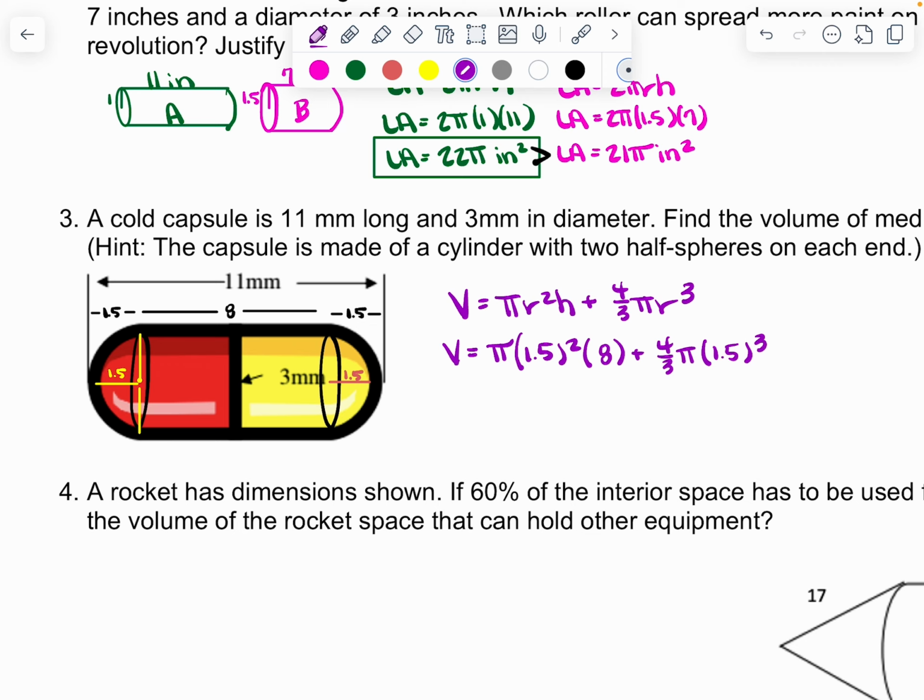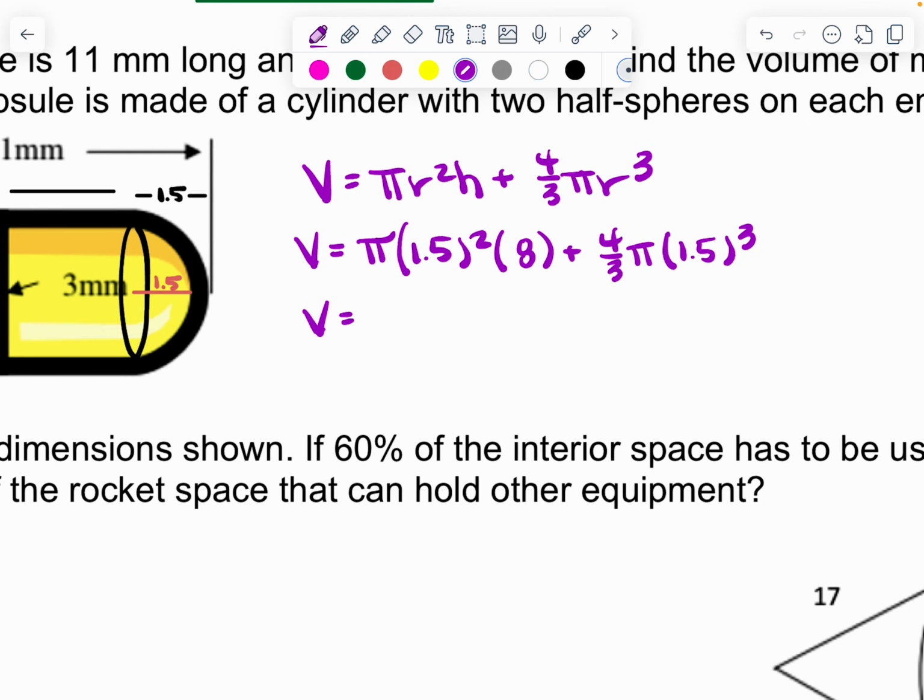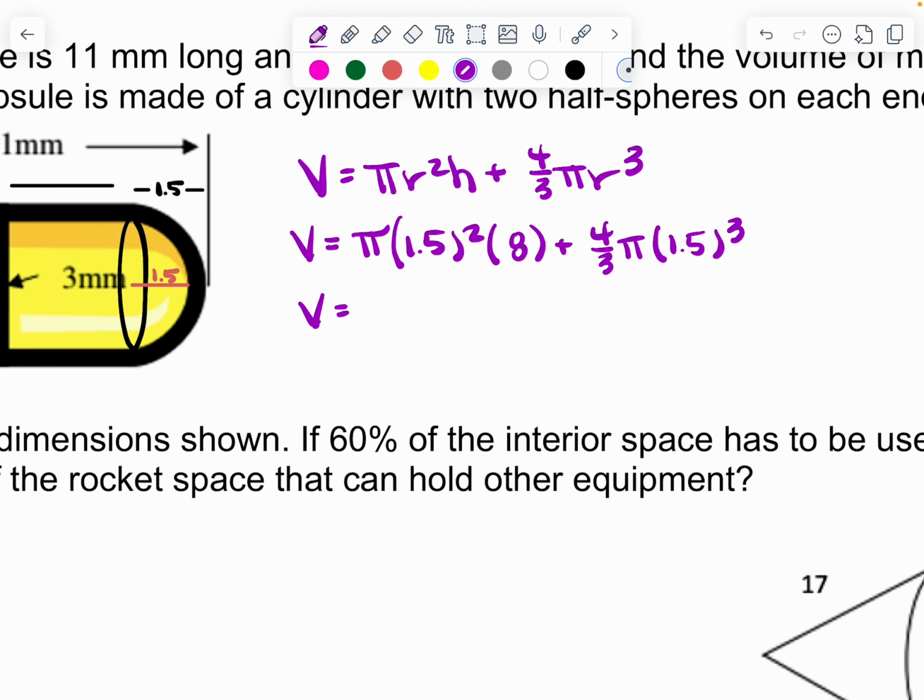And then, of course, the sphere is 4/3 pi, and then 1.5 cubed. And then it's just a matter of simplifying all that. I would highly suggest using your calculator and simplifying one term at a time so that you don't make a silly mistake. So 1.5 squared times 8 gives me 18 pi.